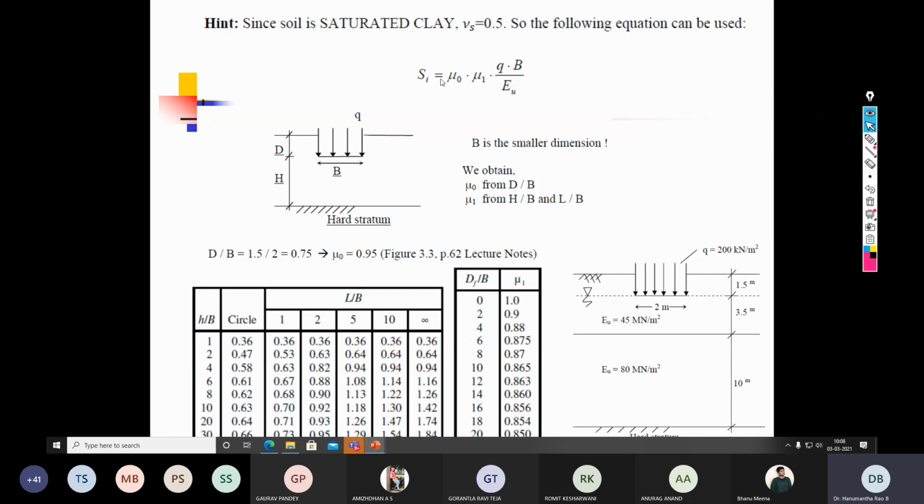When we calculate the elastic settlement using this equation, it is considered the whole layer as settling. But when we say the consolidation settlement, it is happening majorly at the middle. That's why we take at the middle of each layer.